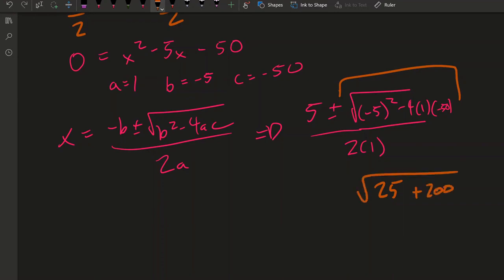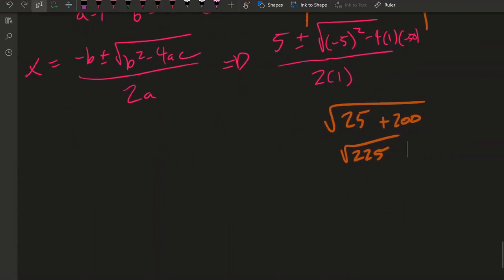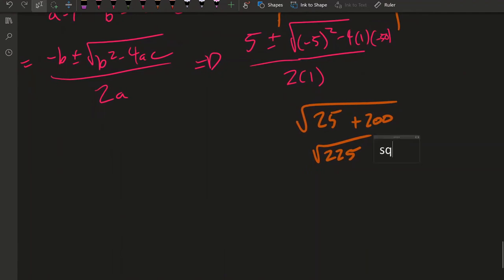That's inside a square root, so I get the square root of 225, which hopefully you know, but if you don't, we can use a calculator. Square root of 225 is 15. So I get 5 plus or minus 15 over 2.